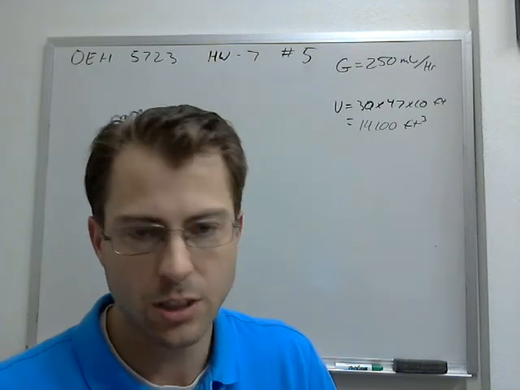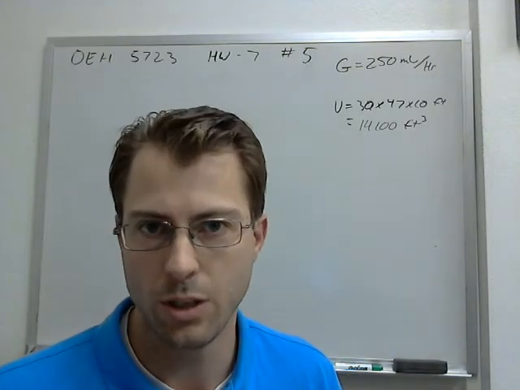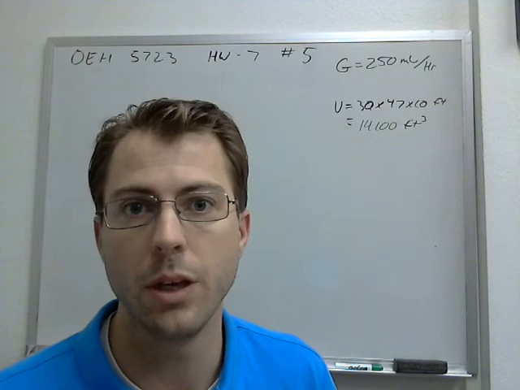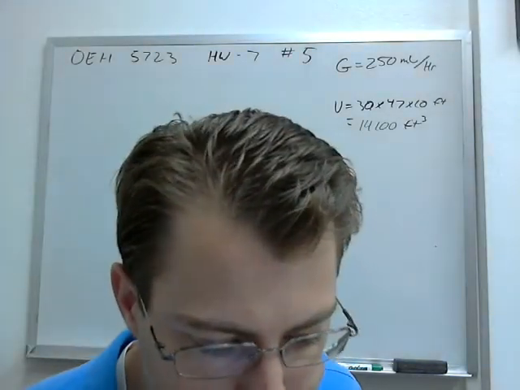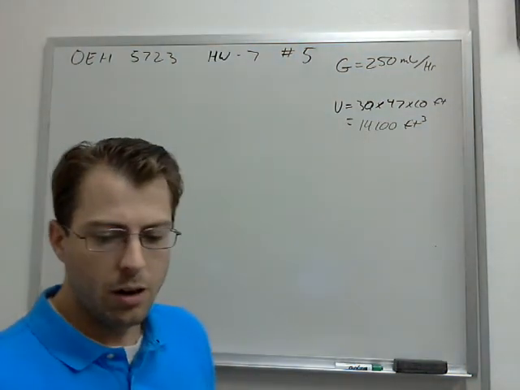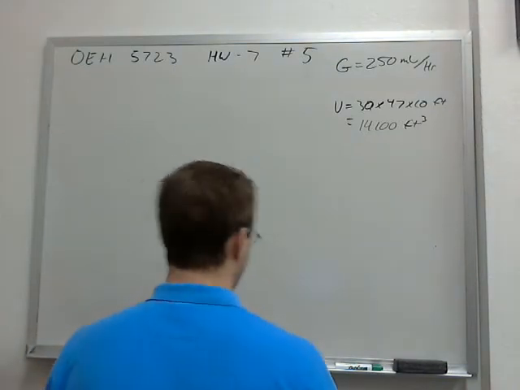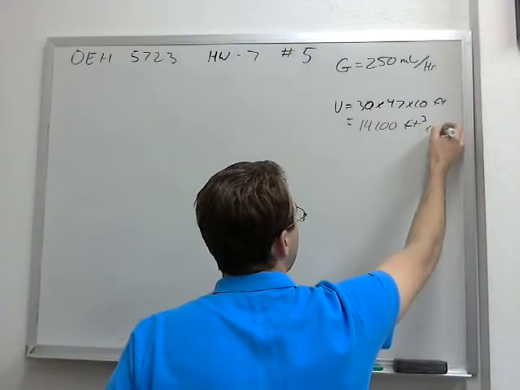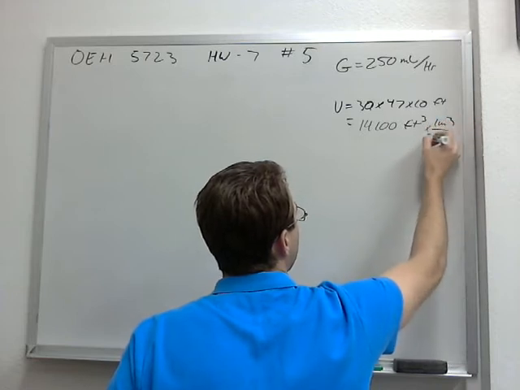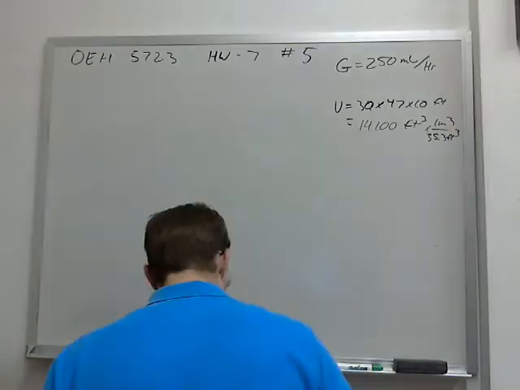So first, let's get everything into the type of units that we're going to use to be able to get a milligrams per cubic meter or a ppm. There are 35.3 cubic feet per cubic meter, so times 1 cubic meter per 35.3 cubic feet.